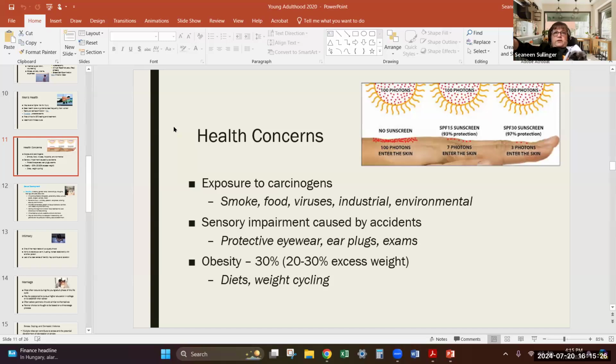So teratogen is something that's harmful to the fetus, whereas carcinogen is something that potentially causes cancer. And so there's a lot of different potential exposures for young adults.